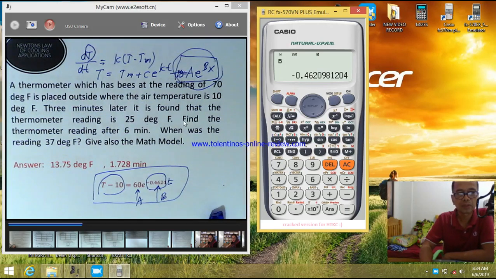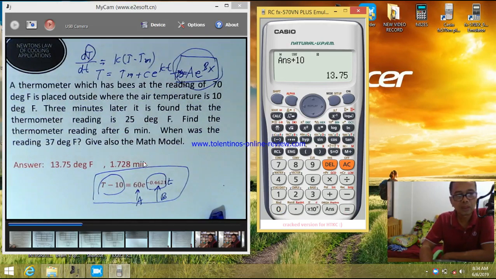And we can also answer this. Find the thermometer reading after 6 minutes. So enter 6, shift 1, 5, and then number 5. You get the temperature difference. Just add it to 10, so you get the actual temperature.